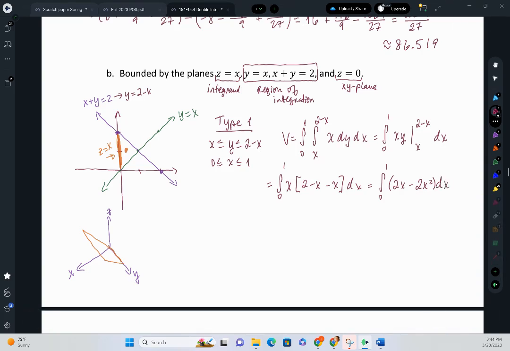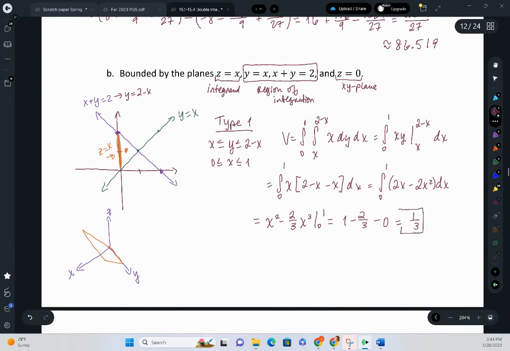Okay, go ahead and integrate with respect to x. We get x squared minus 2/3 x cubed from 0 to 1. That gives me 1 minus 2/3 minus 0, which is 1/3. And that is the value of the volume of the region that's bounded by those planes.